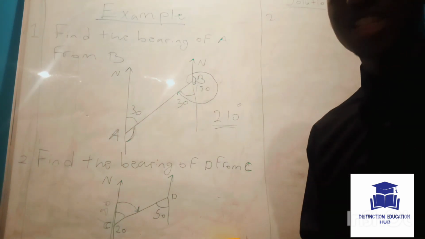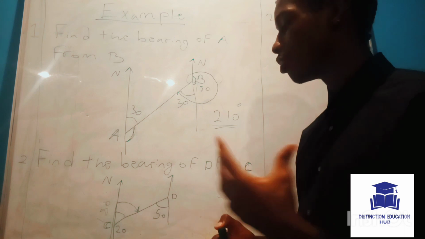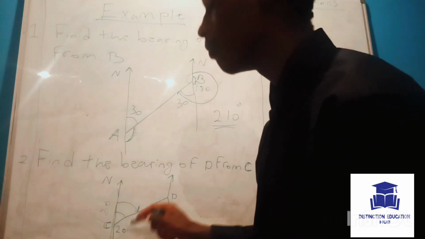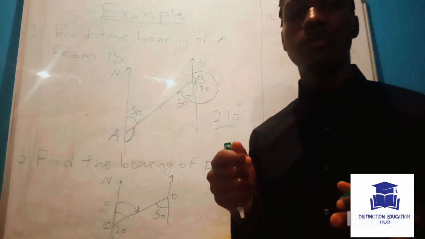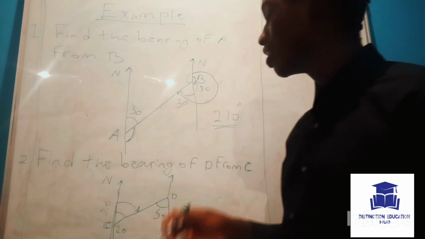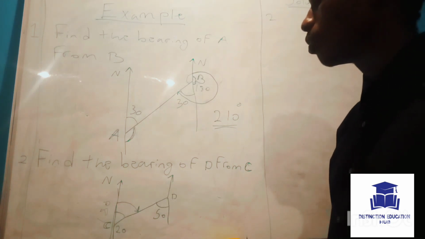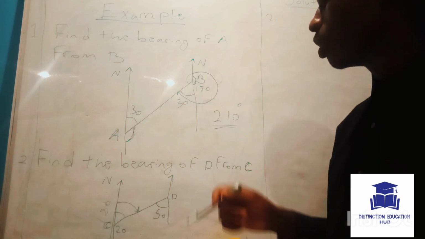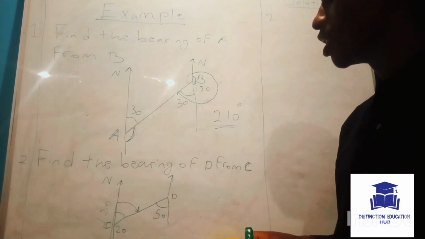Then you subtract 200 from 360, because you know that a full revolution, a circle, adds up to 360.